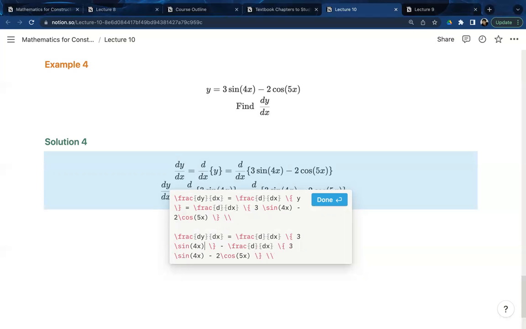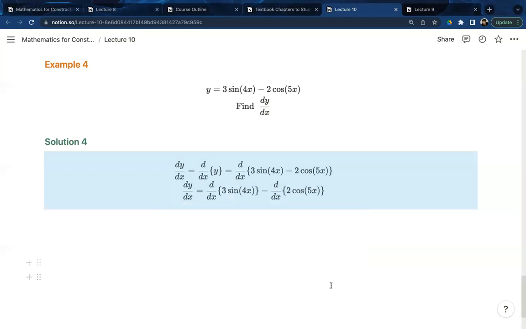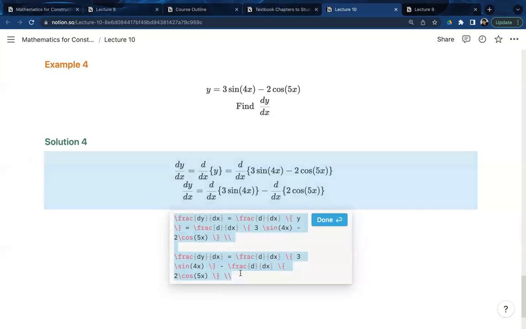So the first one is that, and the second one is this. Okay, so I differentiated 3 sine 4x minus, because that was in front of the 2 cos, and then the derivative of the 2 cos 5x. Okay, so it's two things I'm doing here.